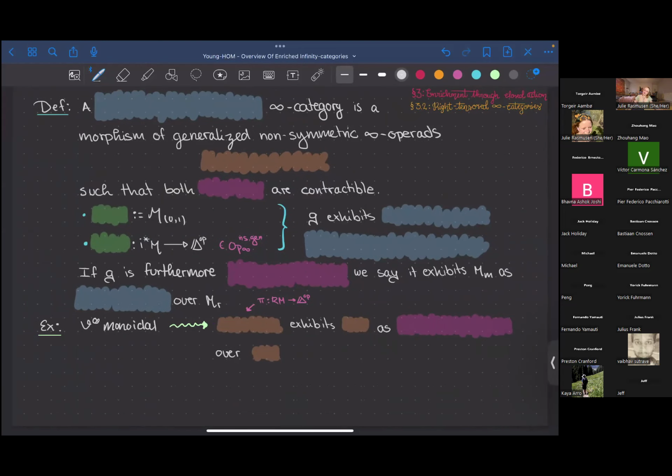So a weakly right tensored ∞-category is a morphism of generalized non-symmetric ∞-operads, which we denote now by Q, that will go from some M into RM, such that both M_0, the fiber over 0, and the fiber over 1 are contractible.